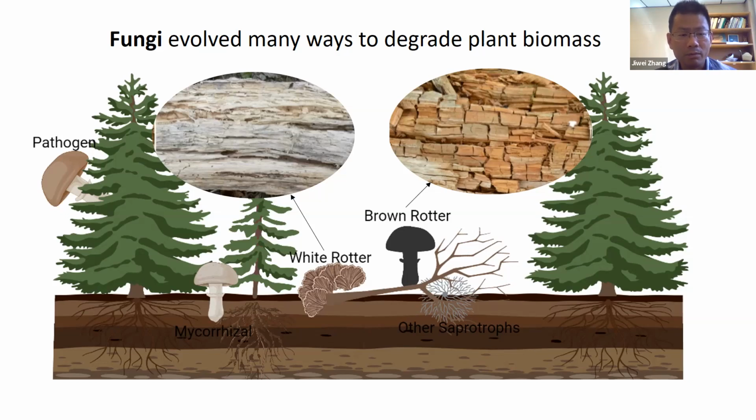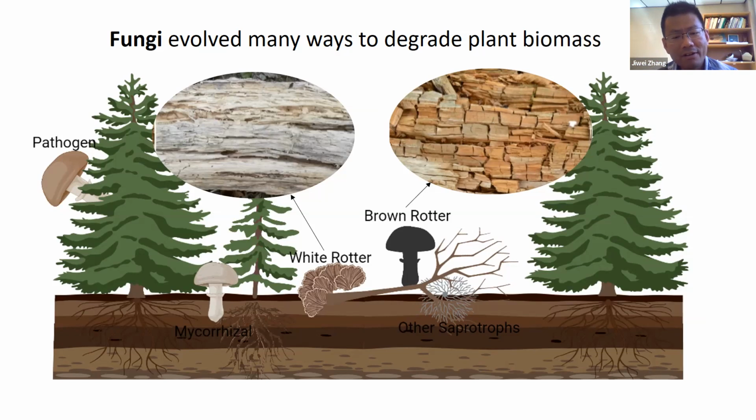And if you know, wood is composed of lignocellulose structures, and lignocellulose is composed of cellulose and hemicellulose and the lignins. So these white rotters are very efficient. They can degrade everything, hemicellulose, cellulose, and lignins, because these are all carbon-formed polymers.